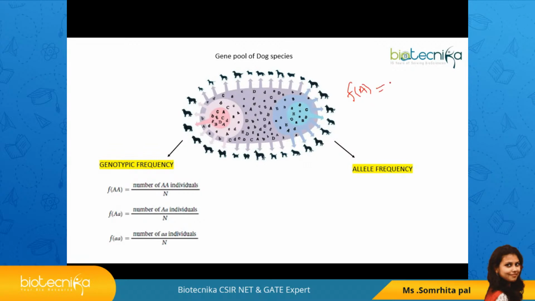So this will be the number of individuals who have this capital A divided by the total number of loci, the total number of loci comprising this capital A. Clear?